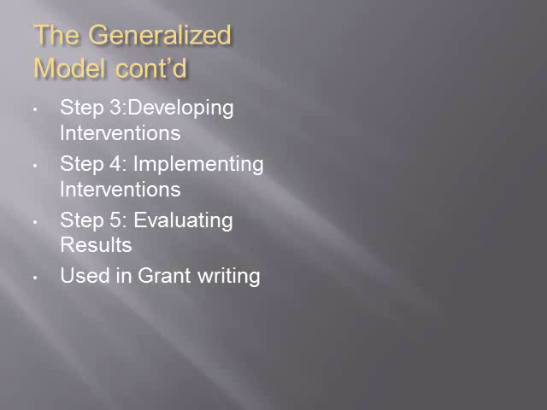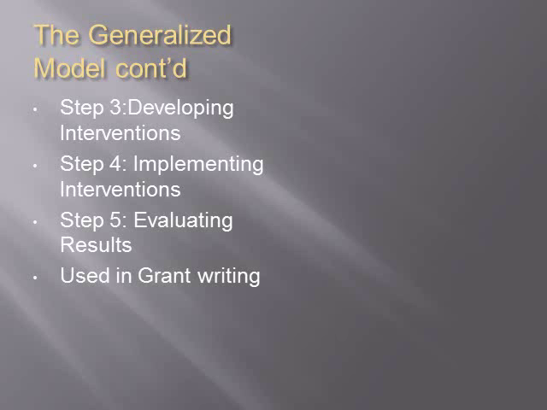The implementing intervention step is as straightforward as it sounds, as it puts the programs the health educator created into action. The program planners use the evaluating results step to evaluate the results at the end of the program in order to examine the quality, impact, and implementation in order to improve future iterations of the program.